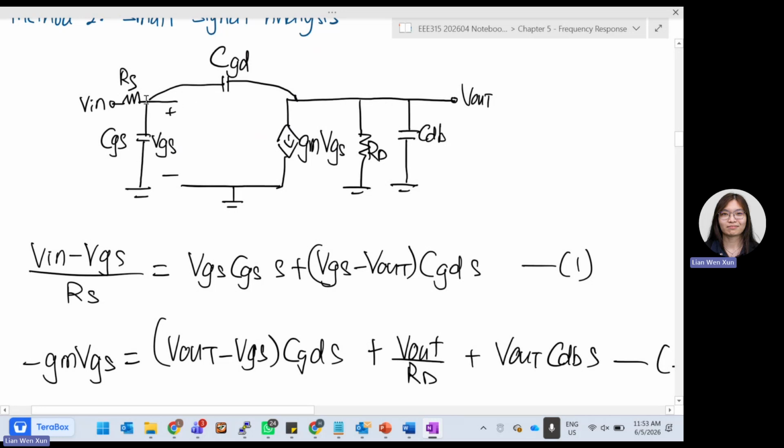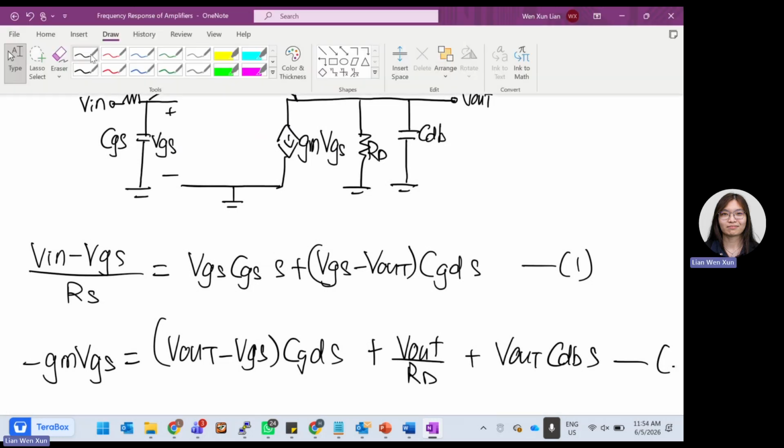It will just be this one, VGS times CGS S, because the impedance for a capacitor is 1 over CS.